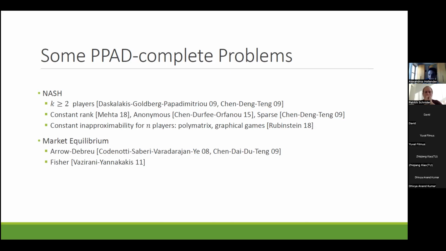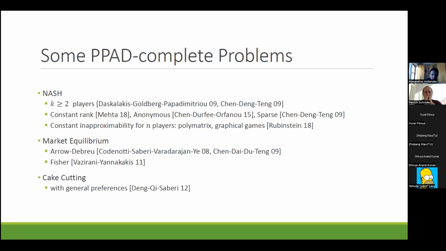There's a famous result by Brouwer saying that this always exists. The obvious question is, how do you compute it? Again, it turns out that this problem is also PPAD complete. I've also put Fisher here, which is a special, simpler kind of market that turns out to also be PPAD complete. So it doesn't get any easier.